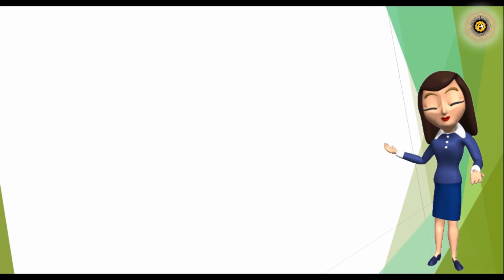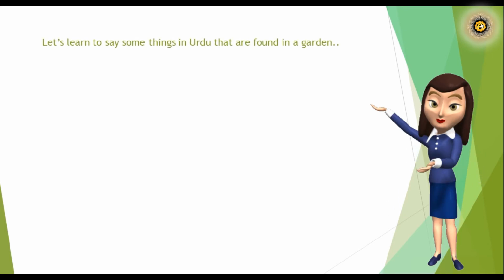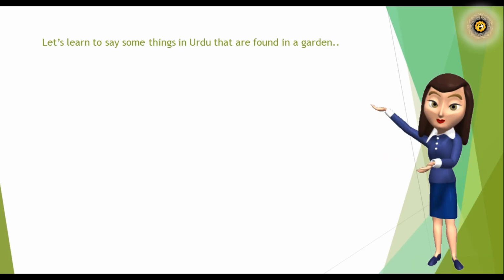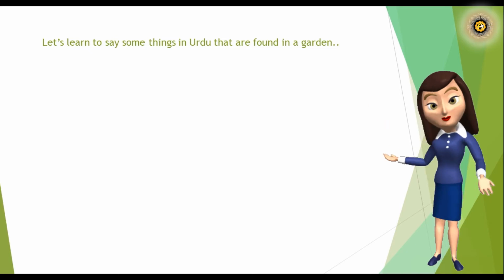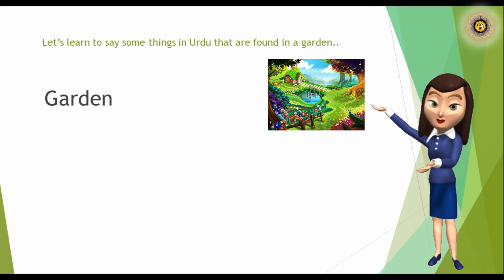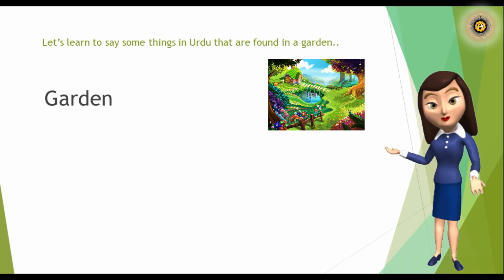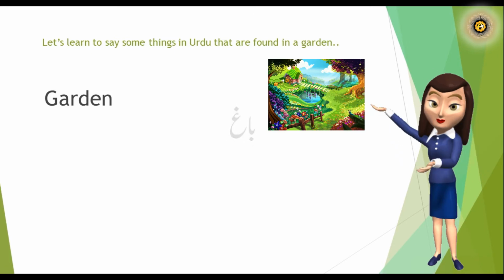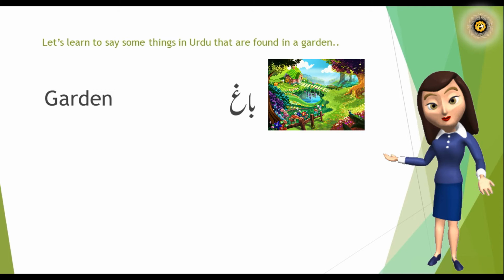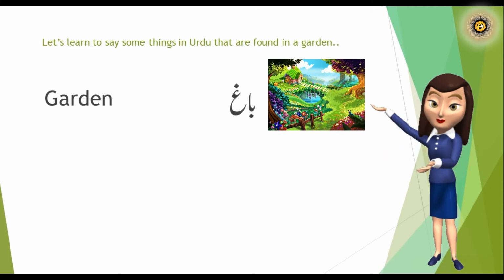Alright, let's learn to say some things in Urdu that are found in the garden. First of all, what is garden called in Urdu? In English we say garden, and in Urdu bagh.